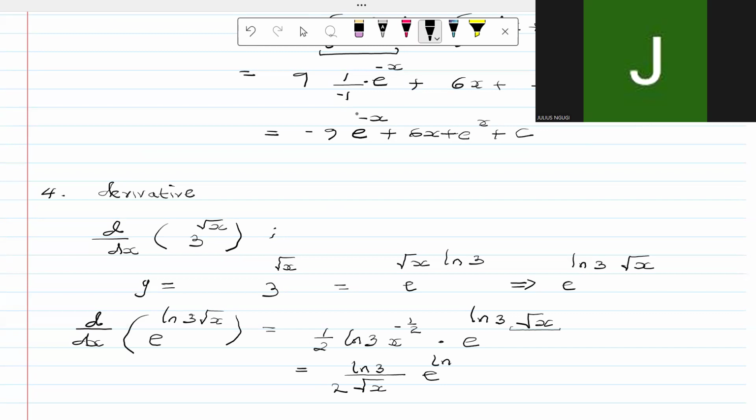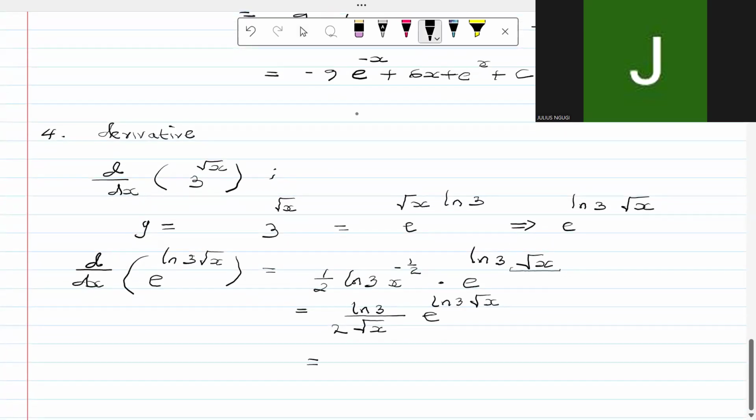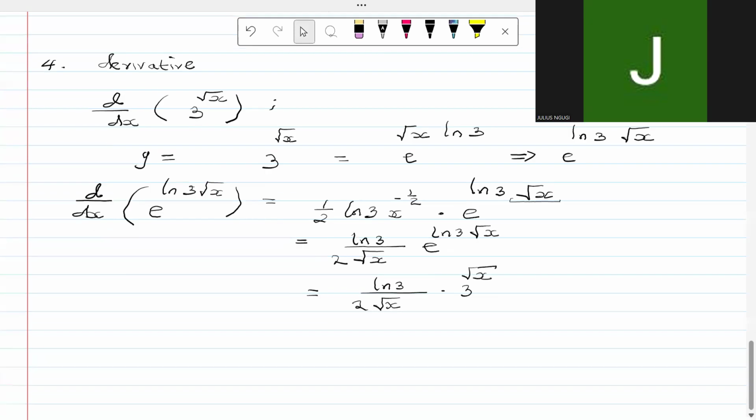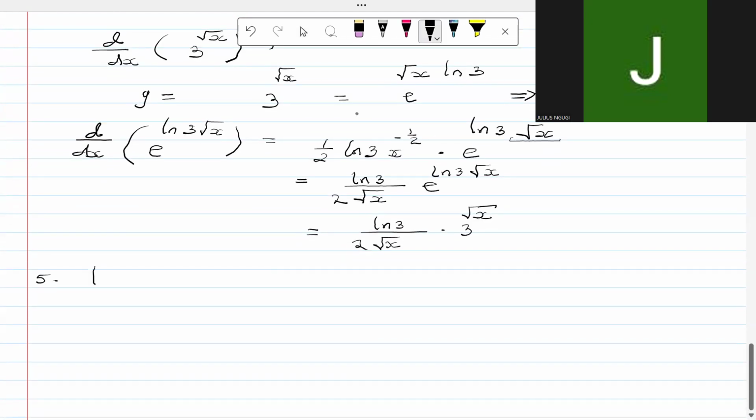Let me write it here first: ln of 3, then add root x. So this one simplifies to ln of 3 divided by 2 square root of x. Then e to the power of ln of 3 is just 3, so times 3 to the power of root x. Finally, for today's recitation, we will do logarithmic differentiation.